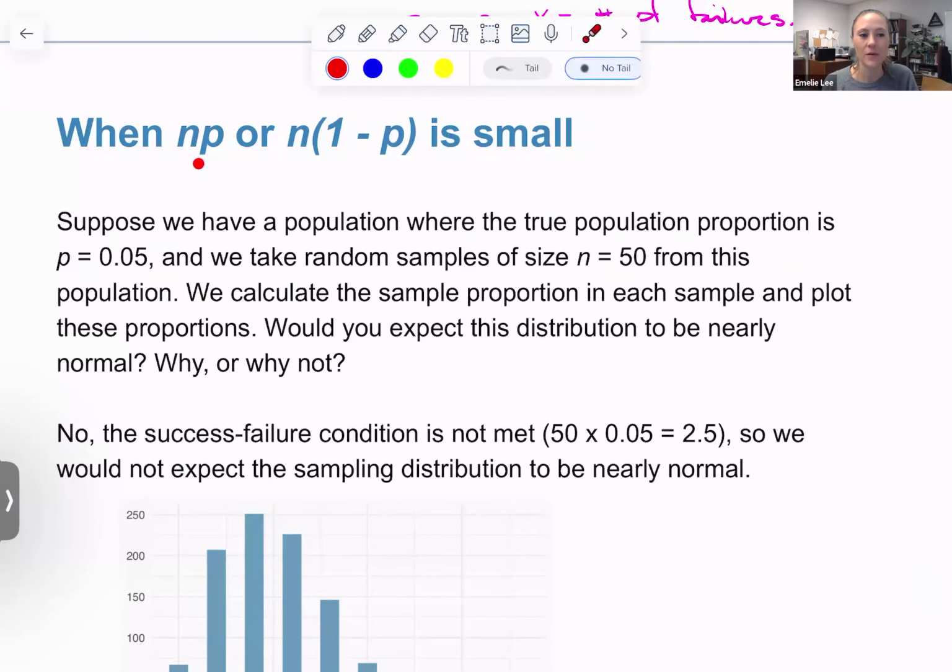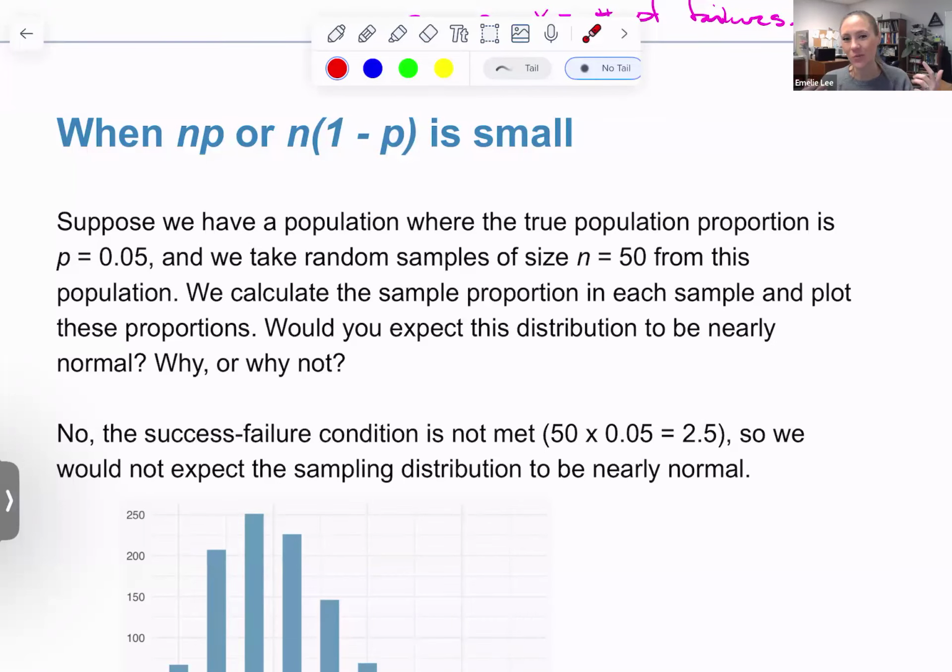What if we have some small proportion that we're trying to detect, either the proportion of successes or the proportion of failures? We're trying to get at these tiny things. If I tell you that the probability of seeing a success is 5%, or 0.05, then you wouldn't just go out and collect a sample of 20 and expect to see a success.